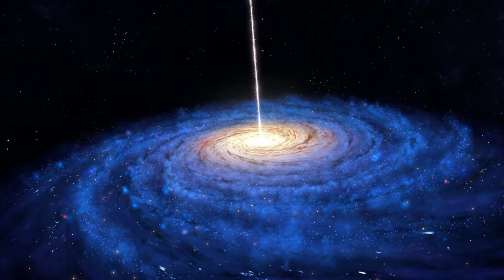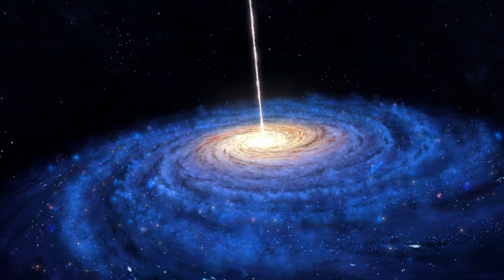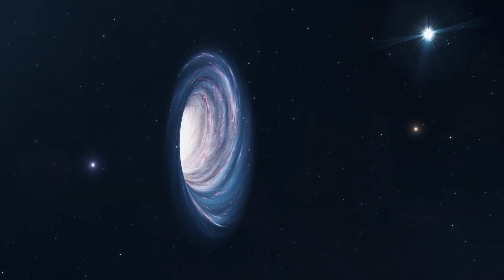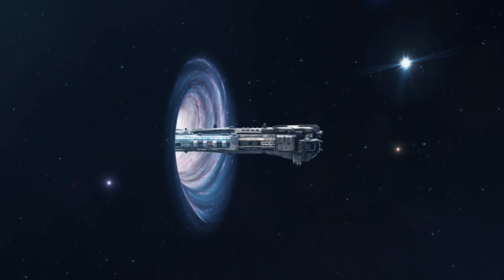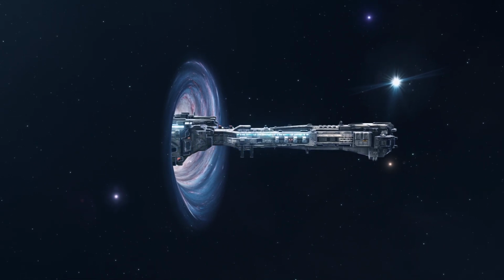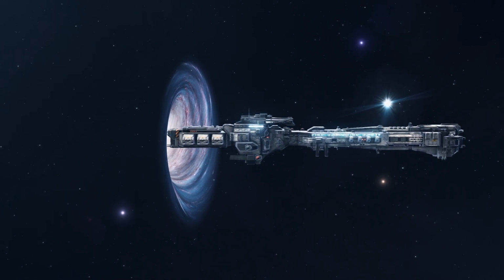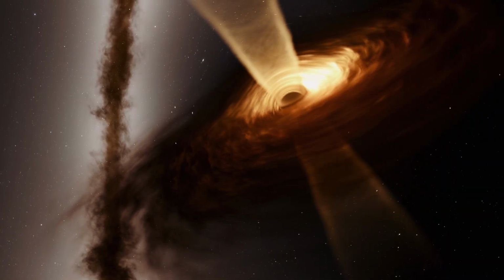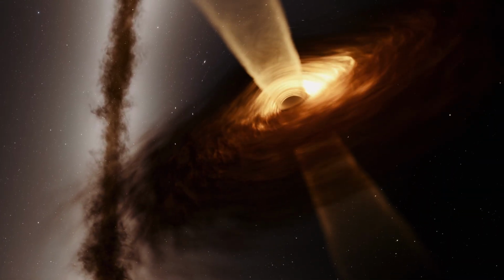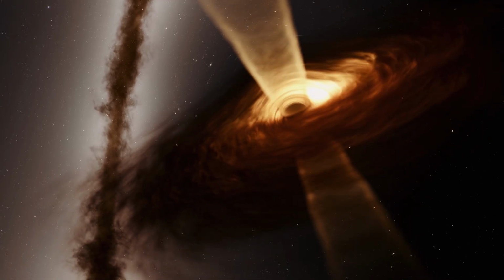However, the reality of what happens inside the black hole is still largely speculative. What happens to time once you cross the event horizon, since nothing, not even light, can escape a black hole? The entire inside of the black hole is hidden from view. Time, according to general relativity, continues to flow inward toward the singularity at the center.